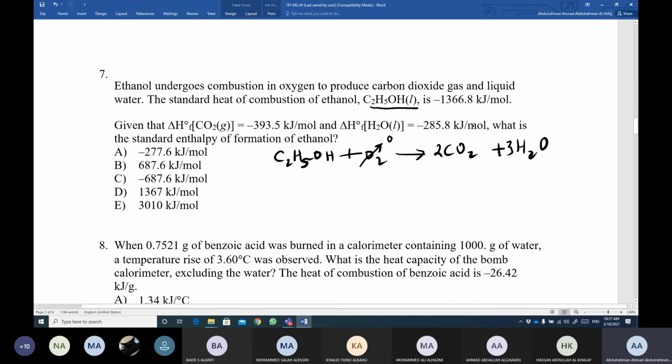Okay. What is the standard enthalpy of formation of ethanol? So the heat of this reaction is equal to minus 285.8. Then this is equal to what now?